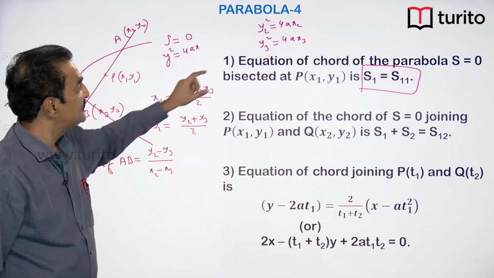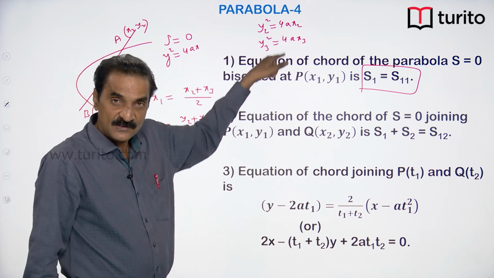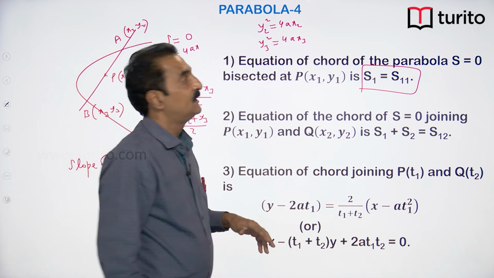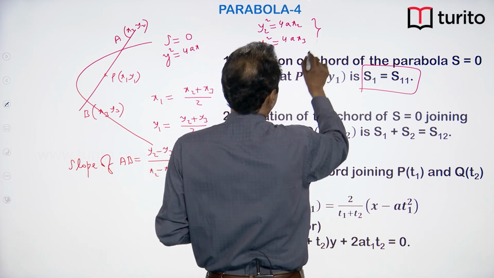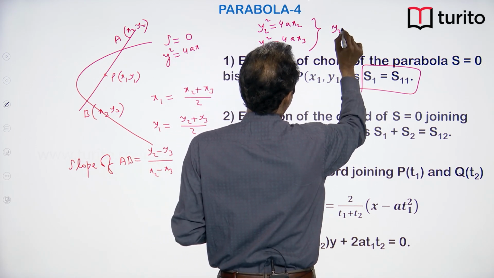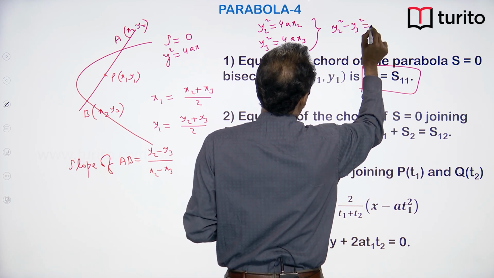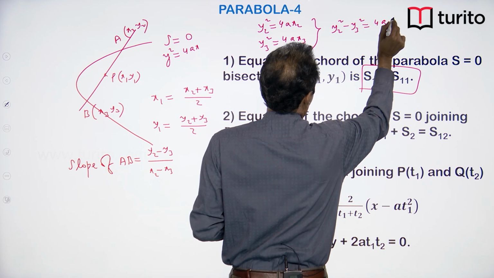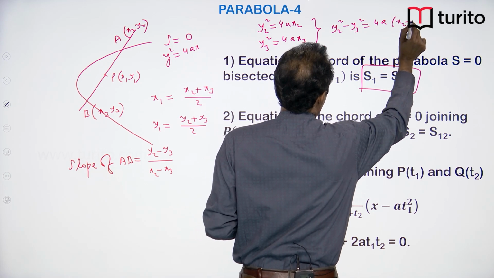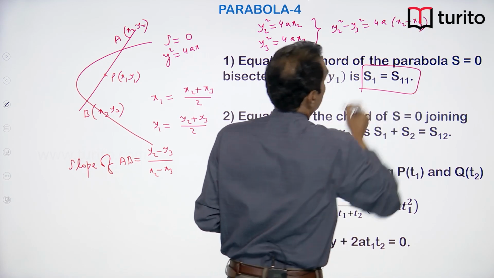For getting this, what should we do? Subtract one from another. Subtracting, y2^2 - y3^2 = 4a(x2 - x3).